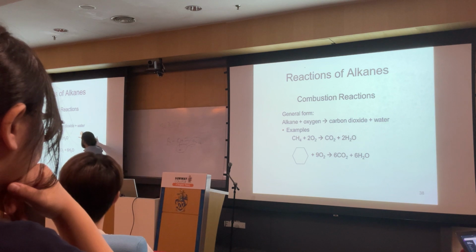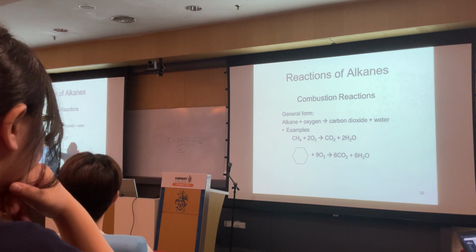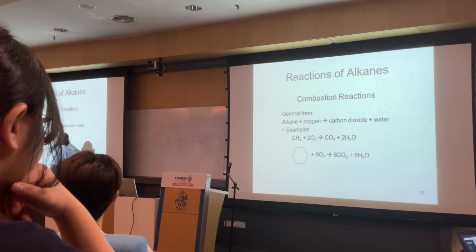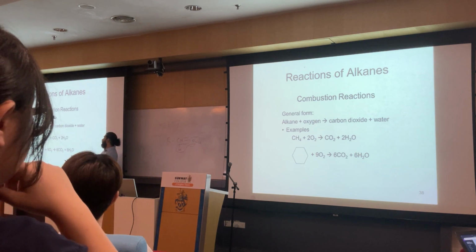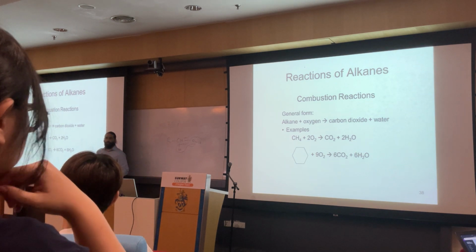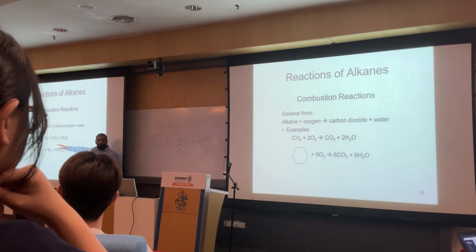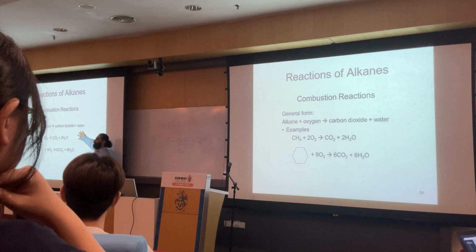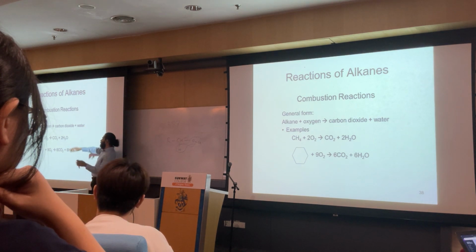You can take any alkane and heat it in the presence of oxygen. You will always get the same products, carbon dioxide and water. And of course, some amount of energy will be released because this is a combustion reaction, right? So if you don't remember any chemical properties of a functional group, combustion reaction would be your friend and you can just put it there.